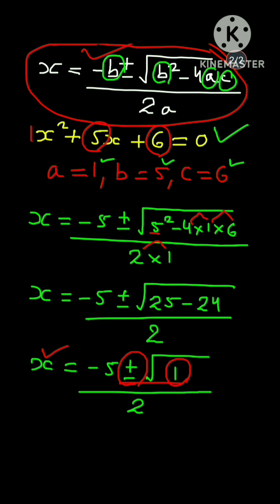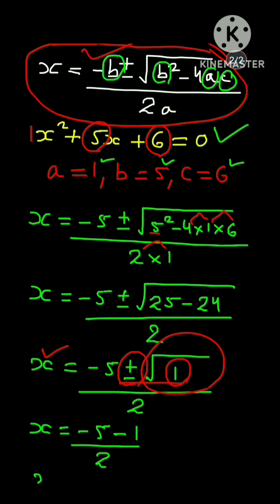Let's find over here. x equal to minus 5, and here we have assumed the sign of 1 is minus, and this root over 1 will be equal to 1, by 2.